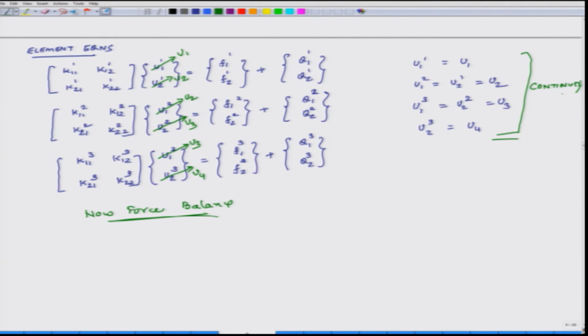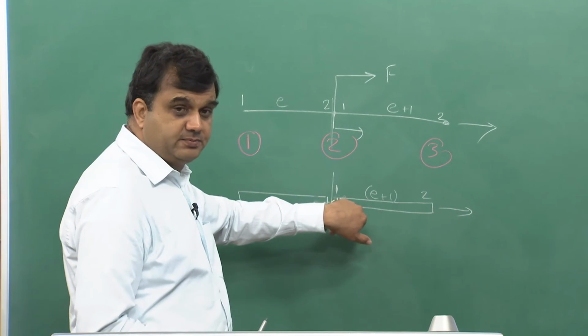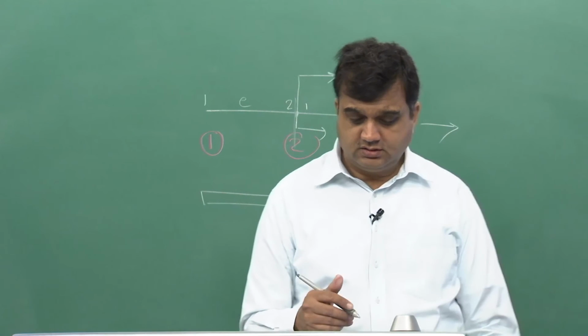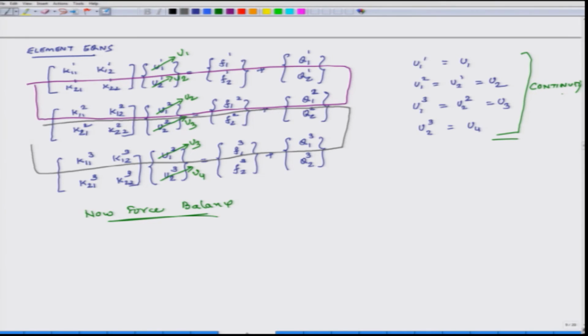For force balance, we have to add these forces at the interface together, which means I have to add these two equations and I have to add these two equations together. Why?